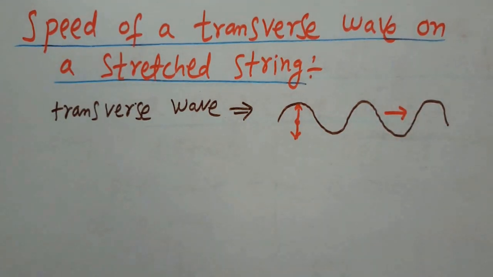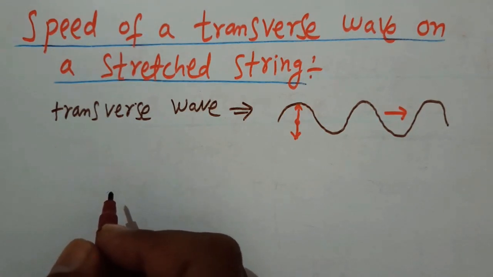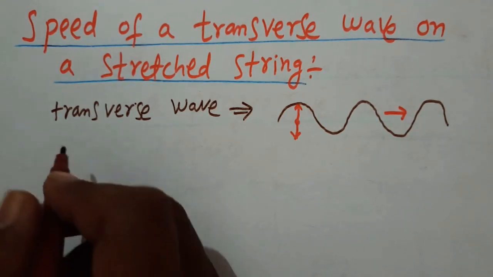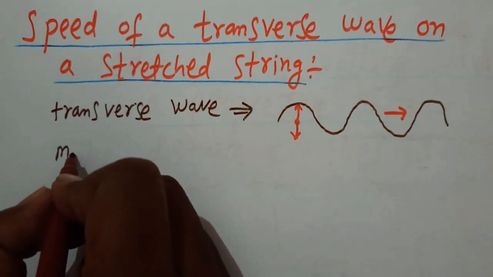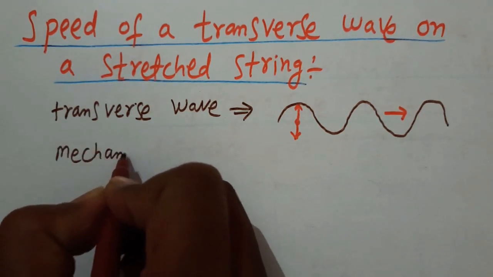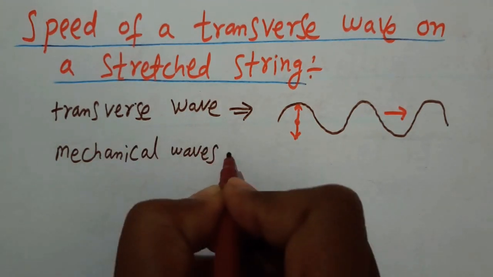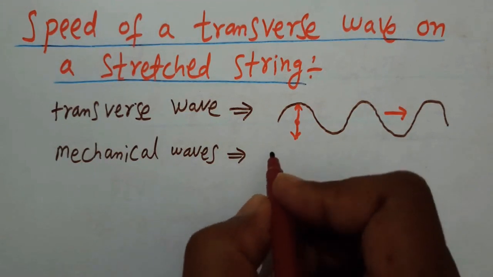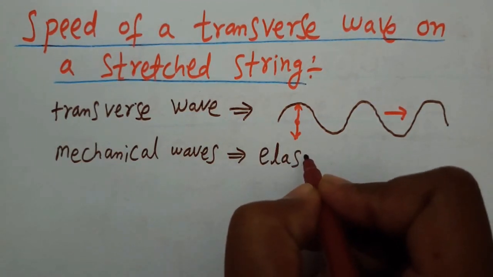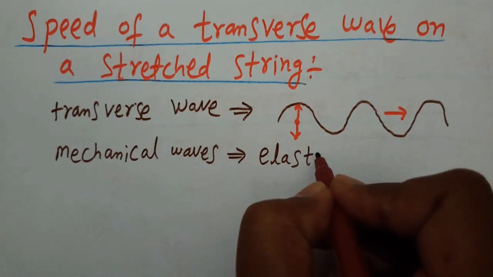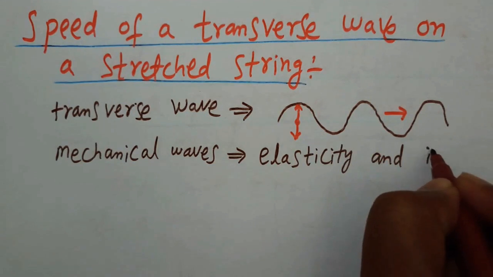For the propagation of mechanical waves, the medium should have elasticity and inertia.